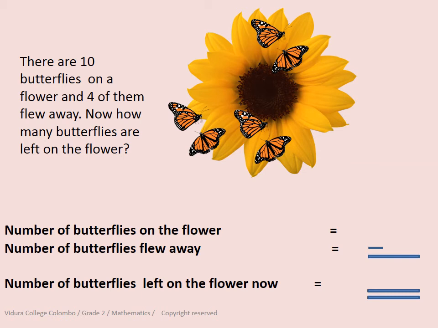Number of butterflies on the flower: there were 10 butterflies. Number of butterflies flew away: 4 of them flew away. And now, finally, how many butterflies left on the flower now? 10 minus 4, the answer is 6.